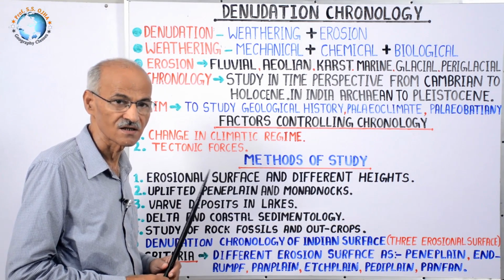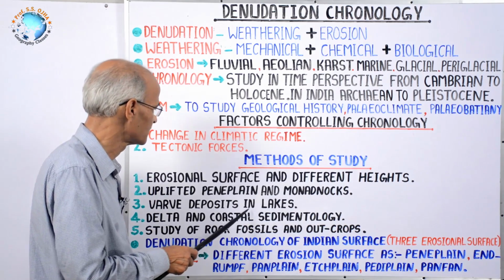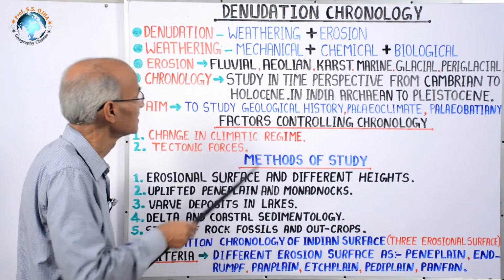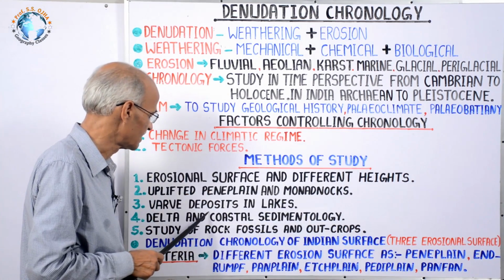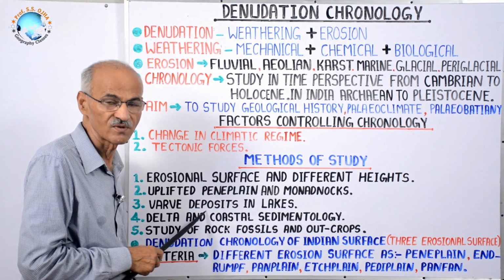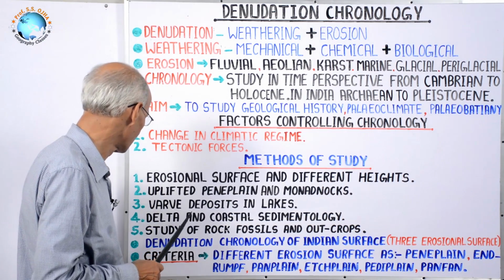This study is called the varve study, and it helps us study denudation chronology, because this varve deposit tells us the process of denudation which is being controlled by climatic factors, especially rainfall.